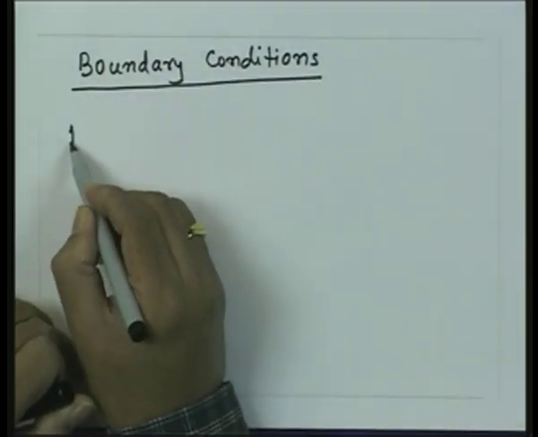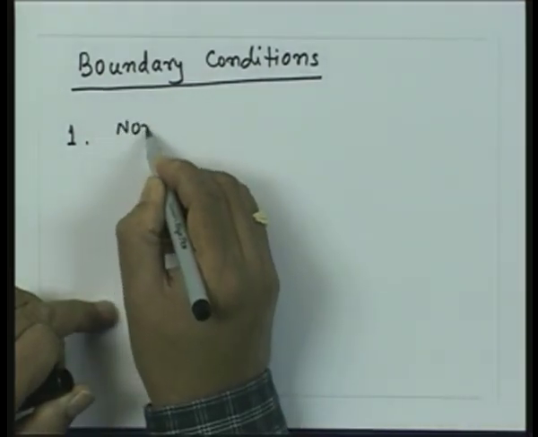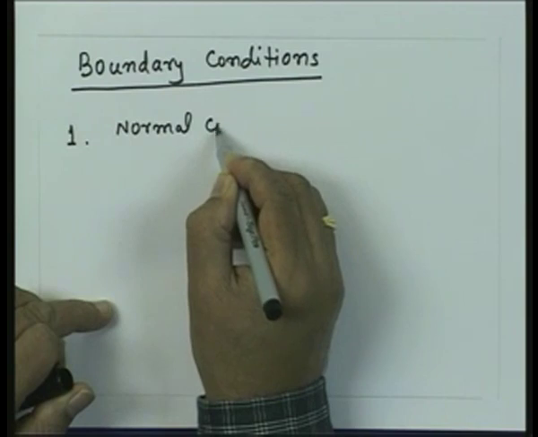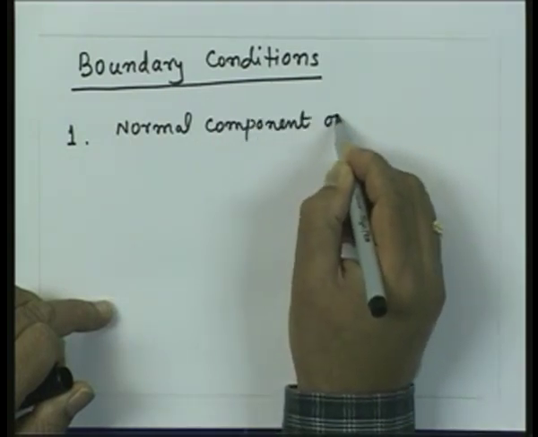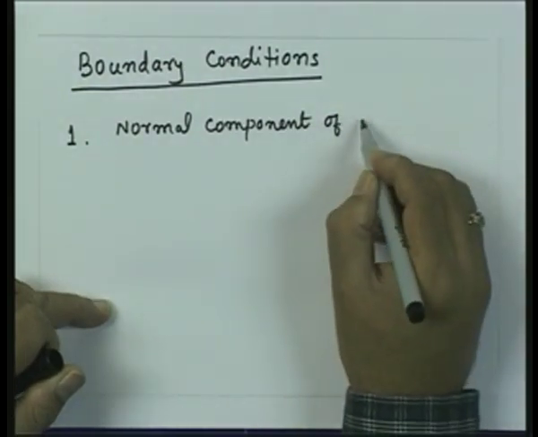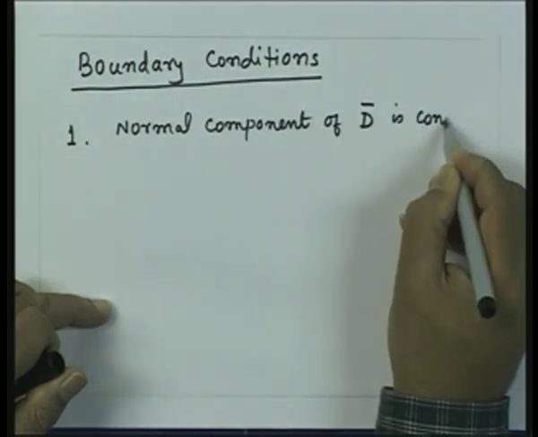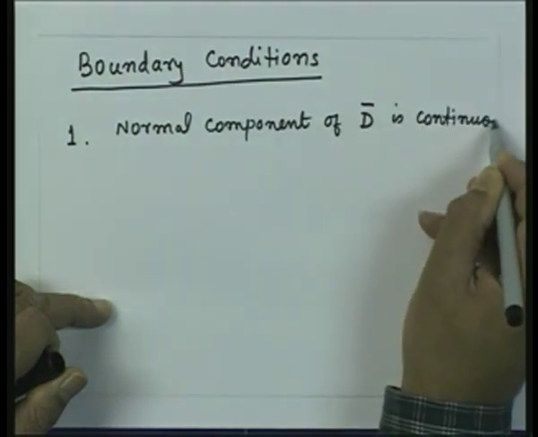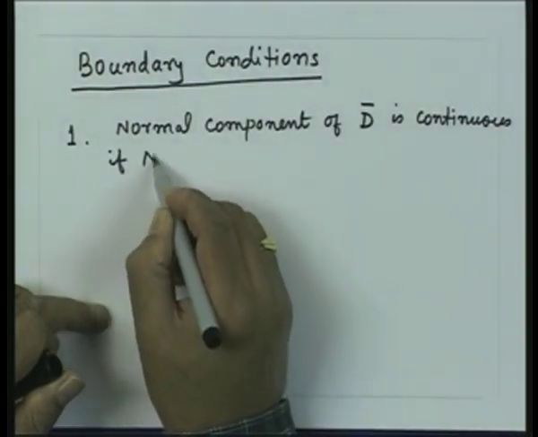The first boundary condition says the normal component of D is continuous if there is no surface charge.